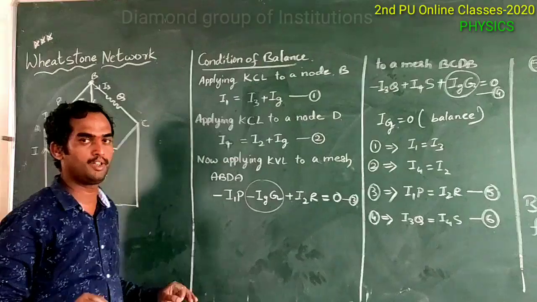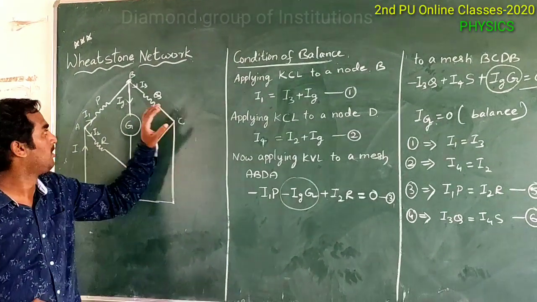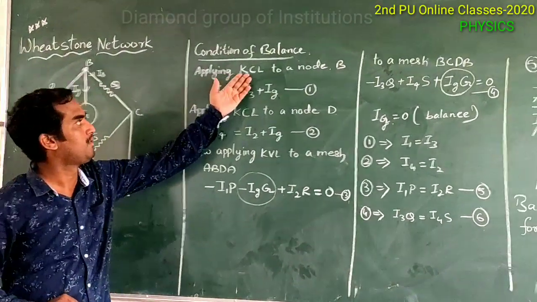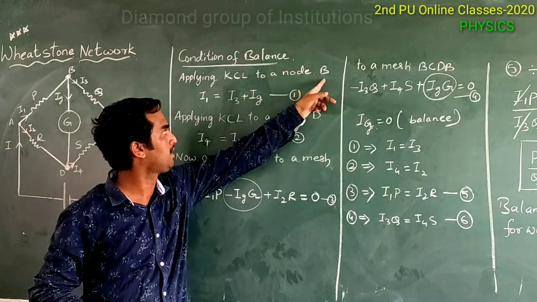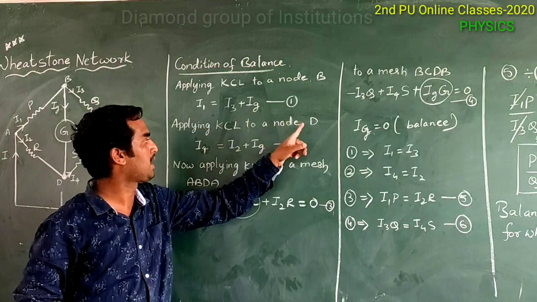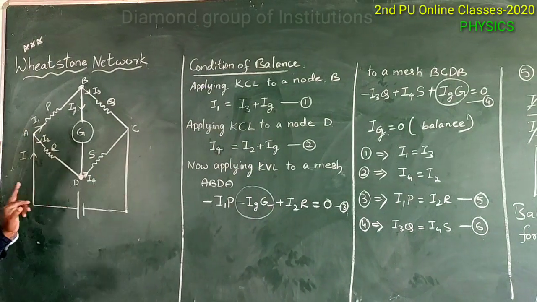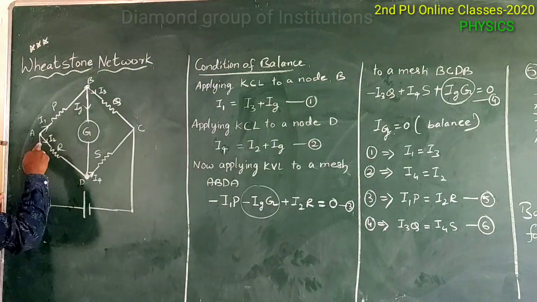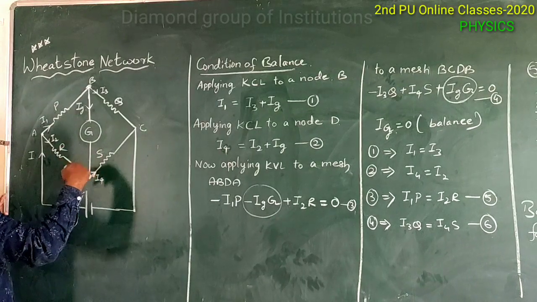So finally we recall once again. See here, first law at B, I1 equal to I3 plus Ig. First law at D, I2 plus Ig equal to I4.